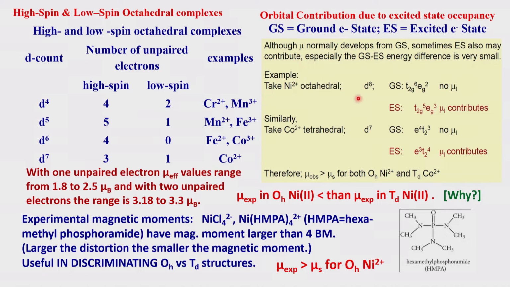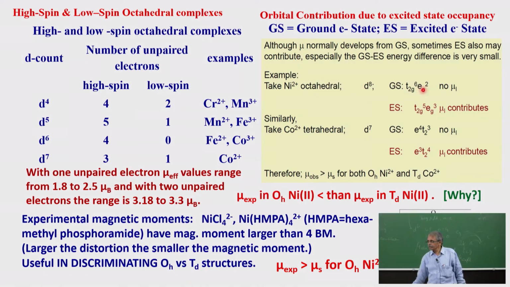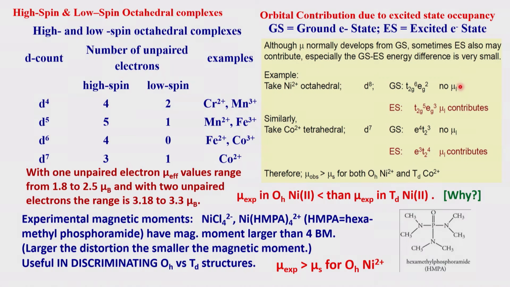The nickel octahedral D8 T2G6 Eg2 has no contribution from the orbital, and the excited state T2G5 Eg3 can contribute. Similarly, take cobalt 2 plus tetrahedral D7, ground state E4 T23. T23 will not show. But then you take one electron from this E to put into the E3 T24, that will show. So now you understand, you have examples of all this.